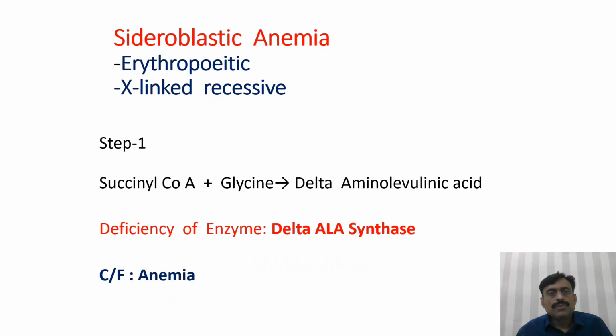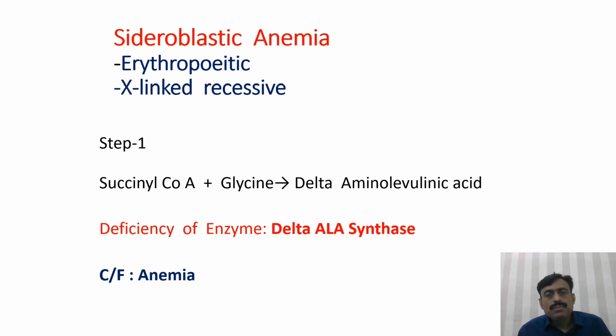So we'll see what is sideroblastic anemia. This occurs due to deficiency of the enzyme delta ALA synthase, which is required for the first step of heme biosynthesis. Succinyl CoA plus glycine forms delta aminolevulinic acid, and this step is catalyzed by delta ALA synthase.